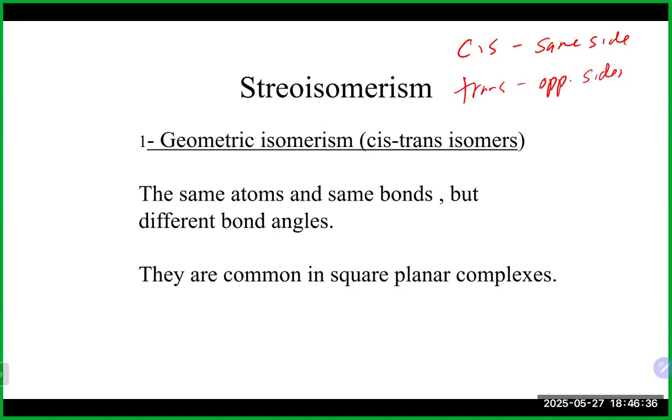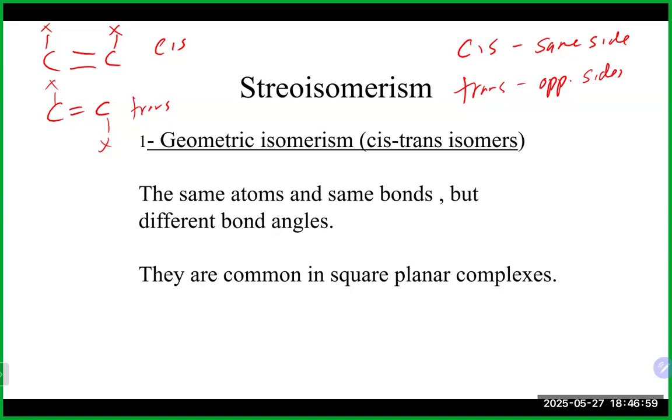In organic chemistry, you see that a lot with double bonds. Something on the same side of the double bond is known as cis, and something on opposite sides of the double bond is known as trans. In this type of situation, we're talking about the same side of the plane of the molecule, or opposite sides of the plane of the molecule.